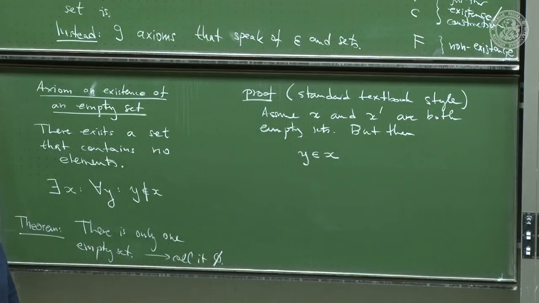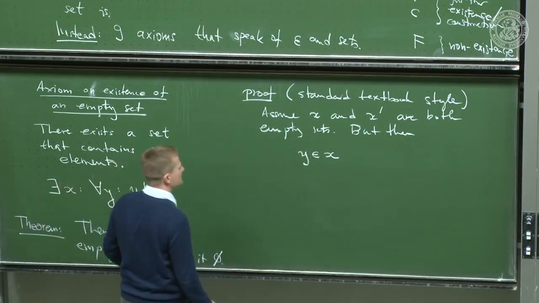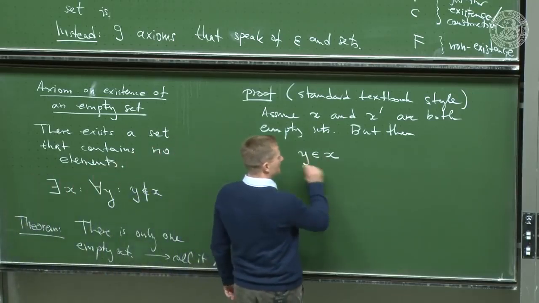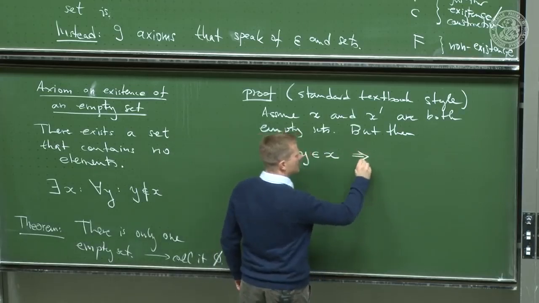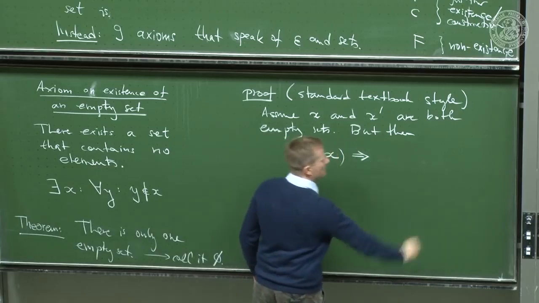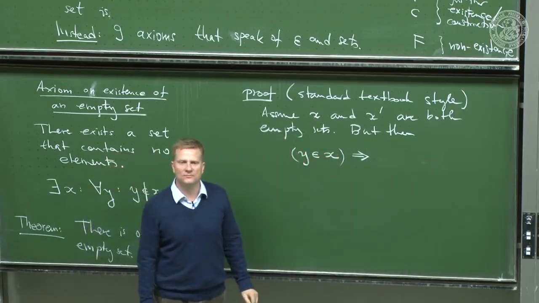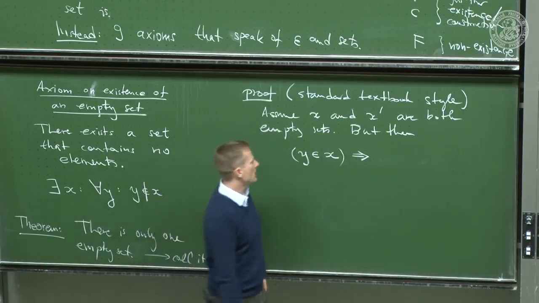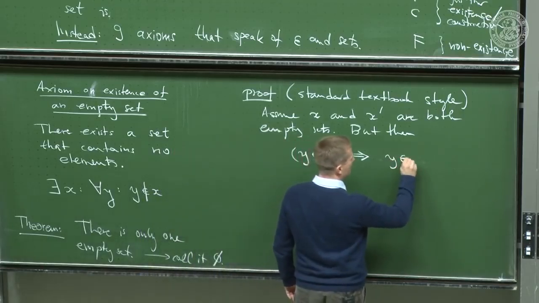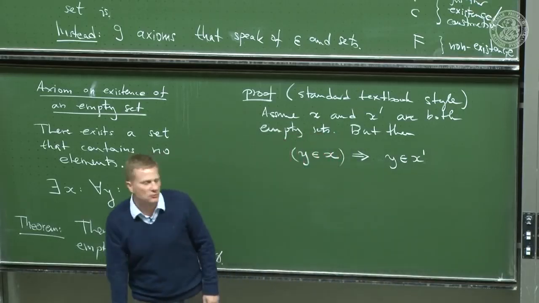If x is an empty set and I write down y in x, it's false for whatever y is, right? Because the empty set has no elements. But if this is false, then I can write an implication arrow, and here I can write whatever I like, and the whole statement will be true. Correct? And I happen to like to write y element x prime.